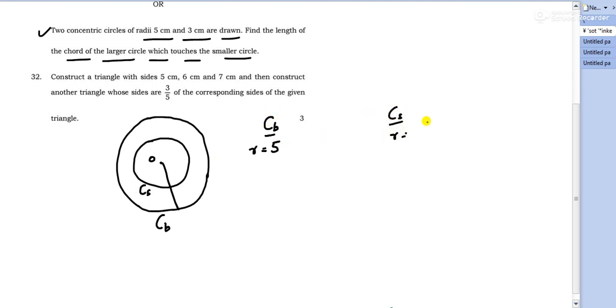I'm writing this to make you understand. Just understand, and you can solve this problem on your own. From here to here it will be 3. Let me mark this as A and this as B. So OA is the radius of the smaller circle, 3 centimeter, and OB is the radius of the bigger circle, 5 centimeter.